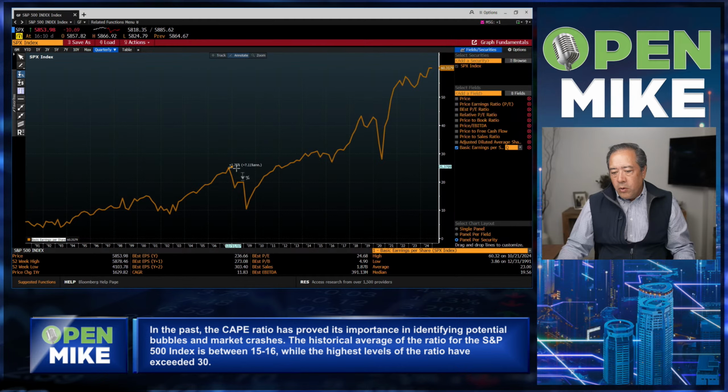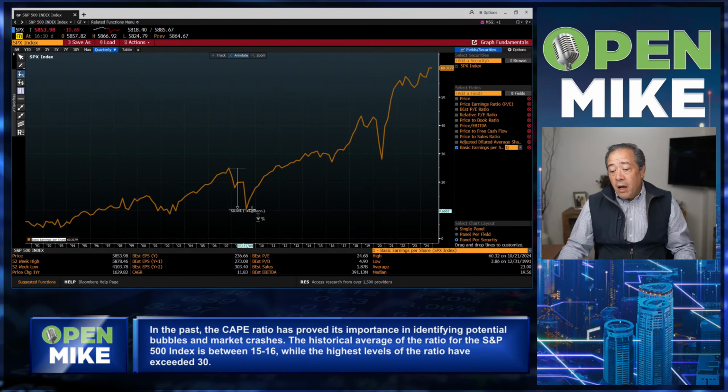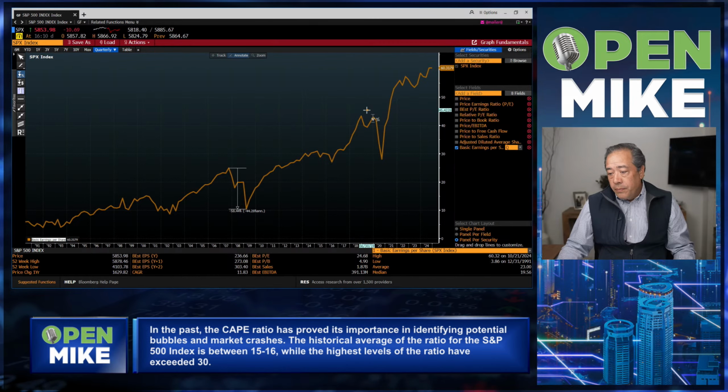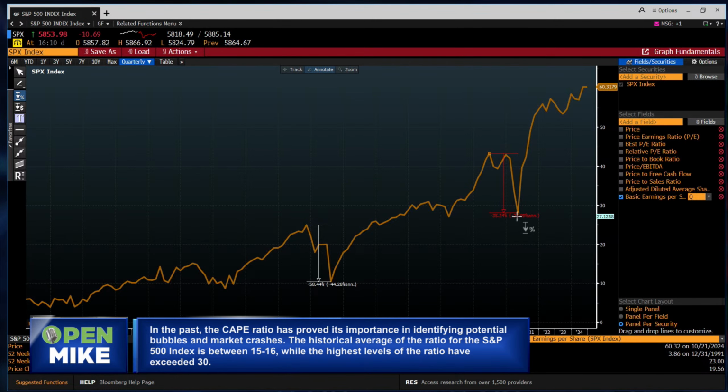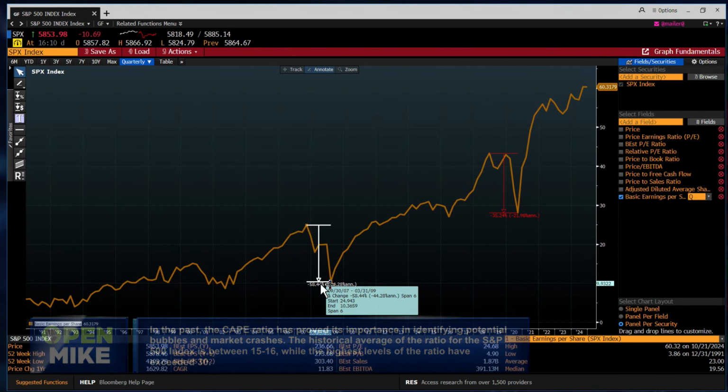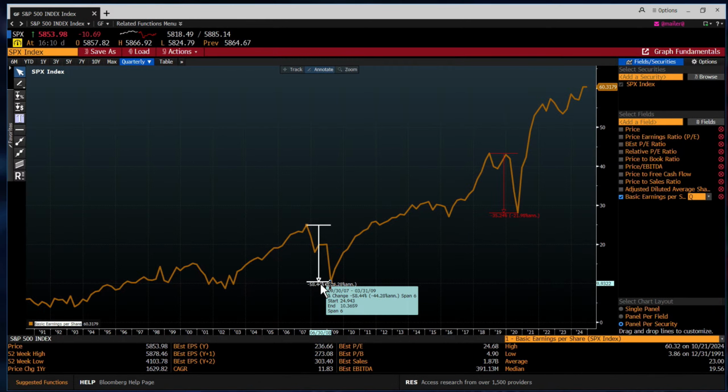I'm just going to show you how much earnings fell for the S&P during these really remarkable drawdowns. Okay, so we had a nearly 60% drawdown in corporate earnings during the Great Financial Crisis.